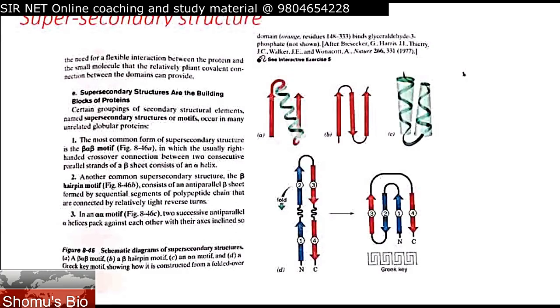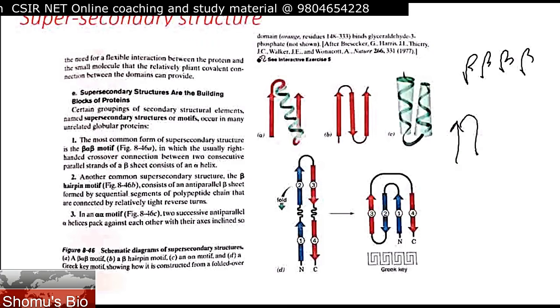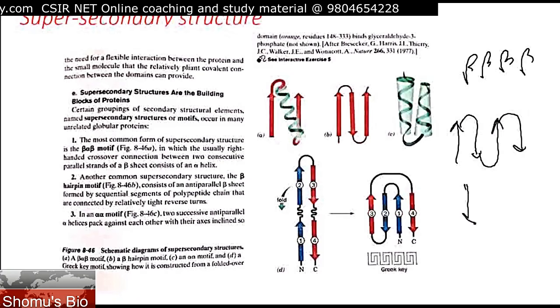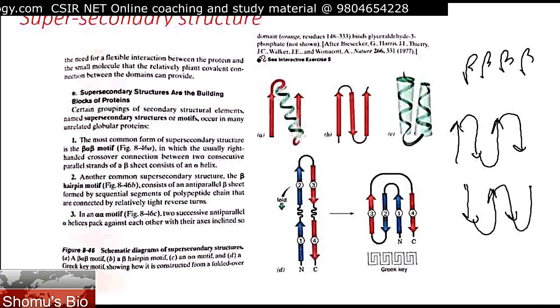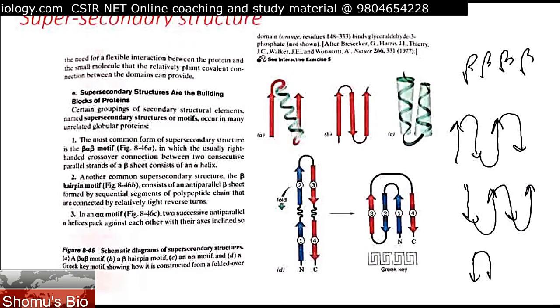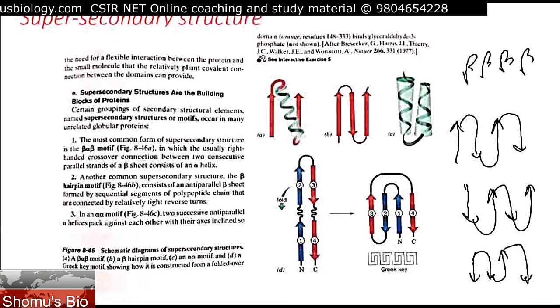Let's say these 4 betas can be arranged something like this, right? Or 4 betas can also be arranged like this. Four betas can also be arranged like this. There are multiple ways those 4 betas can be arranged.